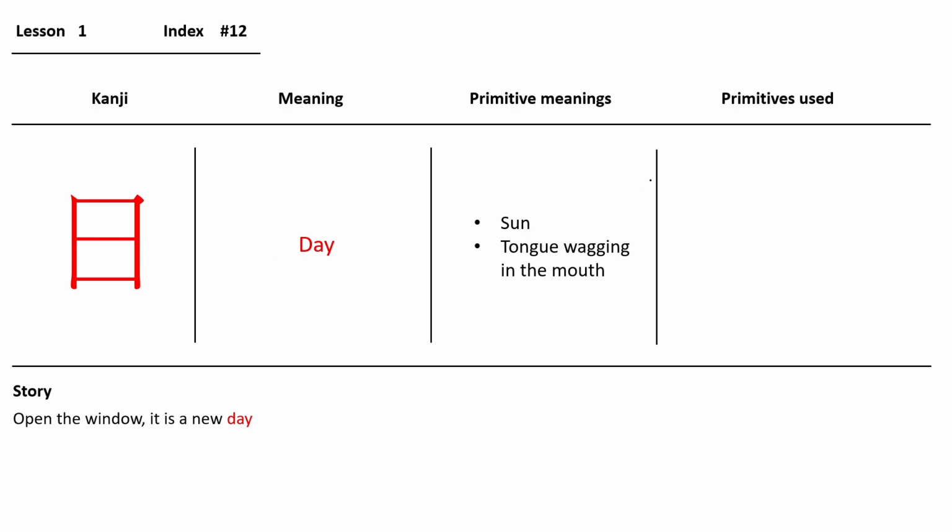And again, it doesn't use any other primitives that will help us to remember this character. So we'll just have to treat this as a pictogram and try to come up with something that looks similar to this kanji. So for this one, we will use the story: open the window, it's a new day. Because we think that this character looks like a window, right? Let's first write it down. So if you write it, you will do the first stroke, second stroke, similar to the mouth, right?